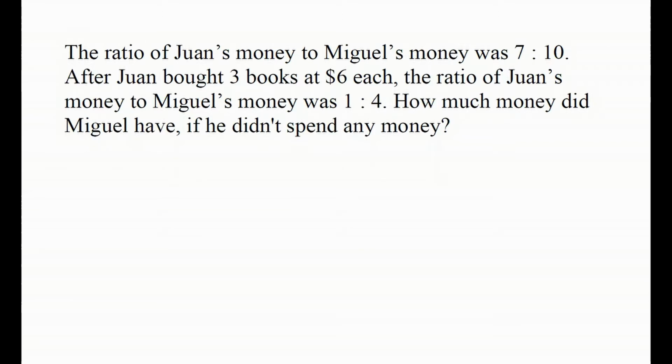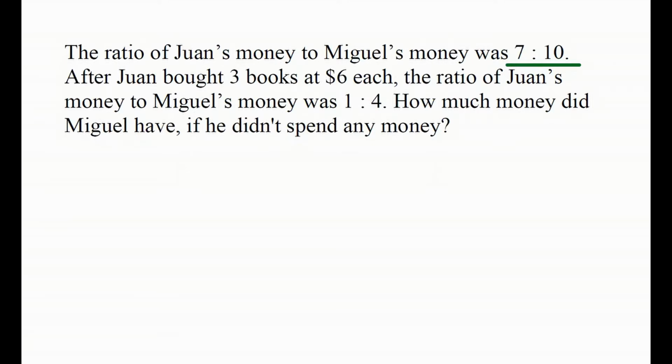And before we draw a picture, we'll really have to understand what we mean by 7-10. When we say the ratio of Juan's money to Miguel's money was 7-10, that simply means if Miguel's money is split into 10 equal parts, Juan's money will be equivalent to 7 of those 10 equal parts.